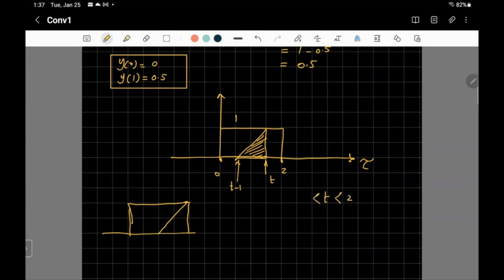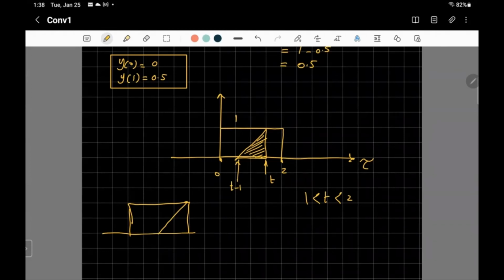Bigger than what? Exactly 1, because the last stage finished at 1. The last stage was from 0 to 1, so this moves from 1 to 2. If this square was bigger, with a width of 3 seconds, your condition would be t greater than 1 and less than 3. Right?